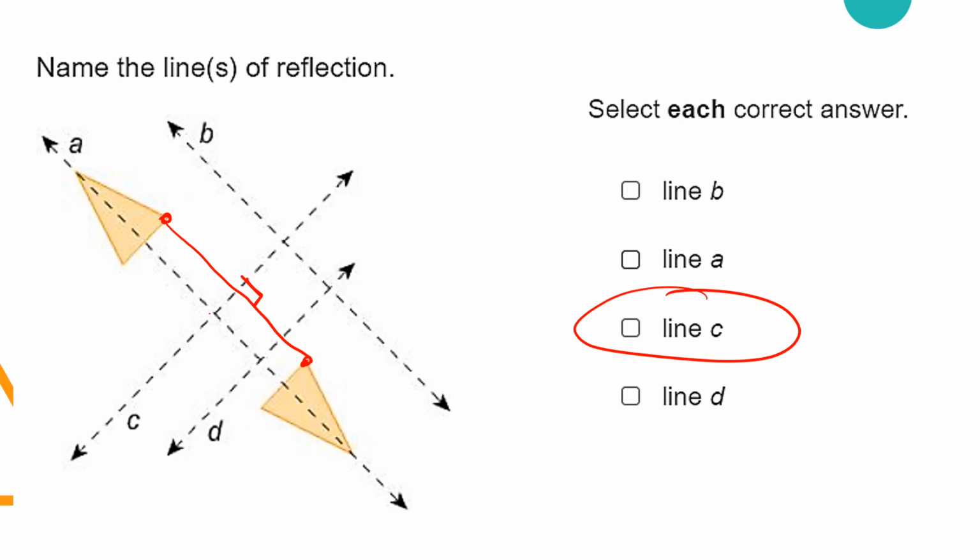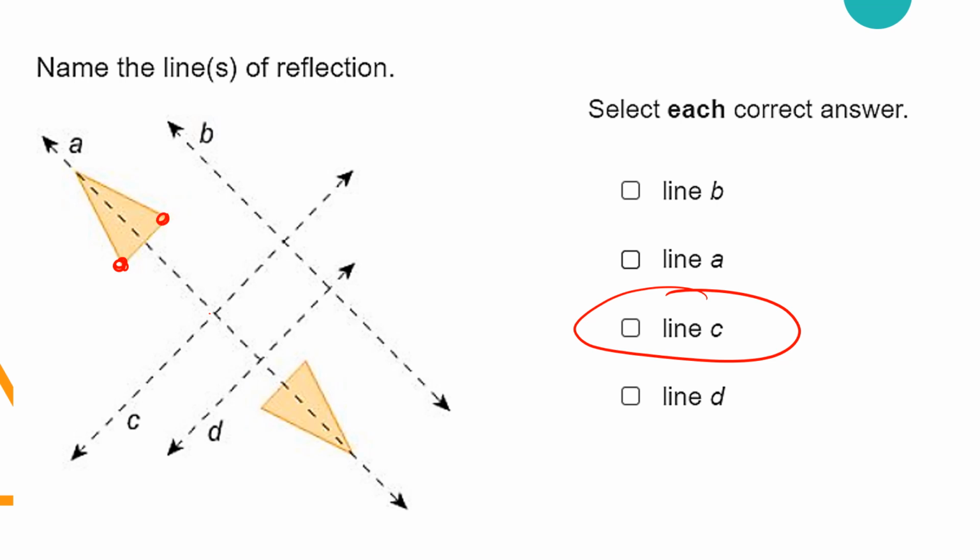Now the other one would be line A. And line A, if we look at it, we are thinking about the other sides of the image.